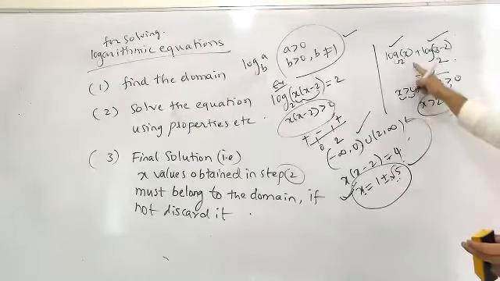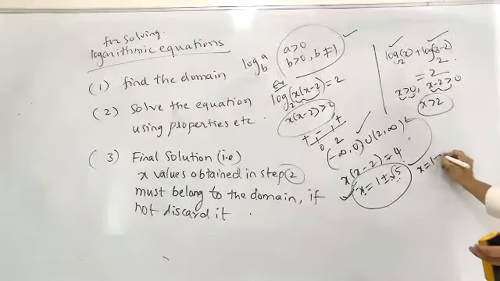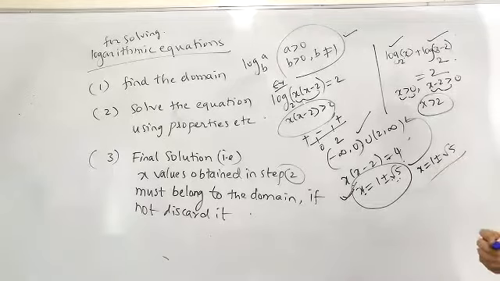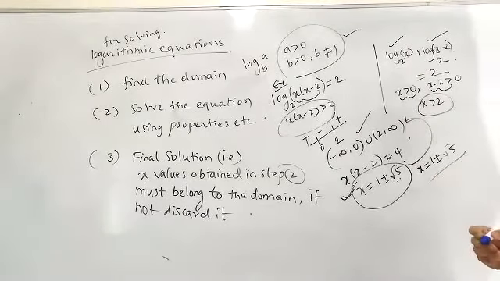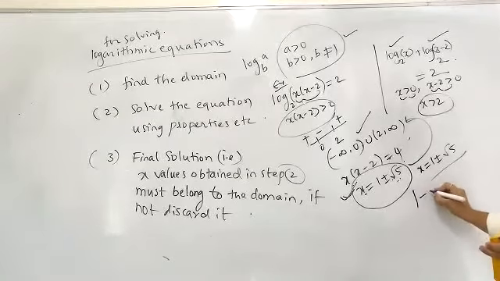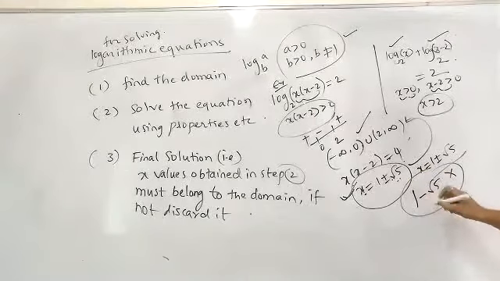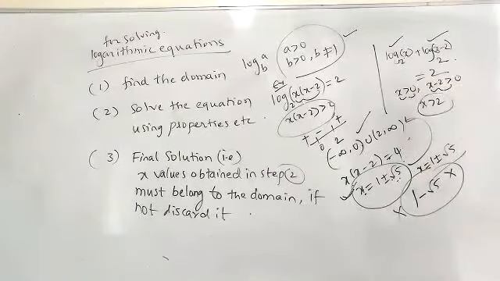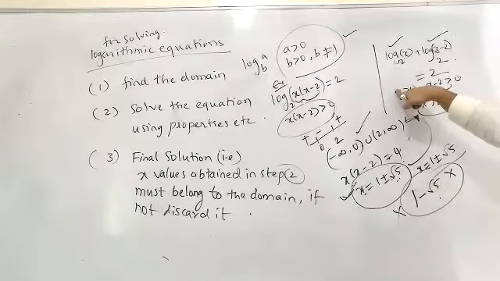Now if I solve this problem, still you'll be getting x is equal to 1 plus or minus root 5. But finally, x is equal to 1 minus root 5, I have to eliminate in this case. Why? Because whatever value is obtained, x is equal to 1 minus root 5, does not belong to the domain of this function.